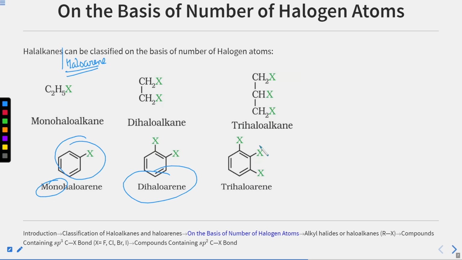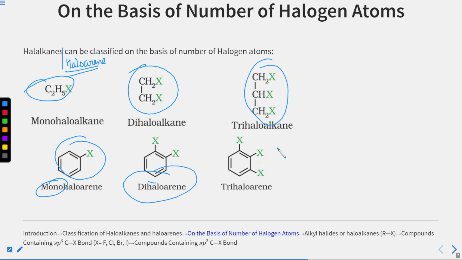Each of these compounds is a derivative of our normal alkane and arene only. We have just replaced one H by one X. So in this 1 H is removed, in this 2 H are removed, in this 3 are removed. Similarly in haloarene, 1 H, 2 H and 3 H are removed.